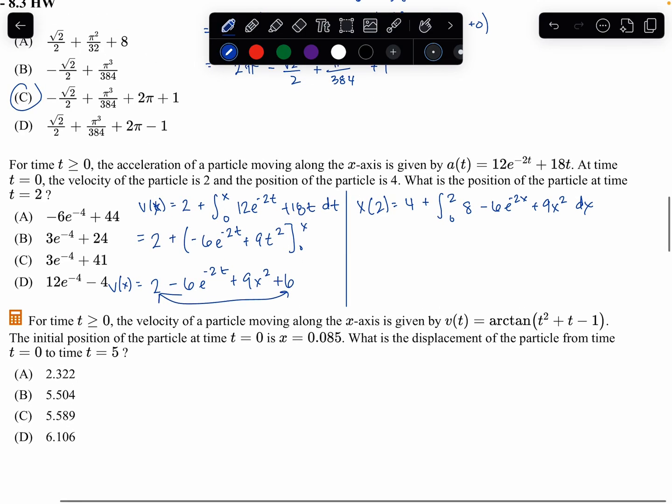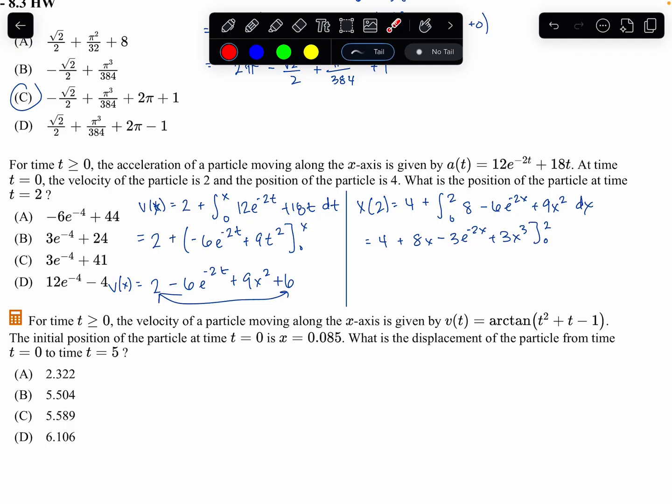I probably didn't need to erase all that because I just needed to change that. Oh well, too late. So that's going to be equal to 4 plus 8x minus 3e to the negative 2x plus 3x to the third, from 0 to 2.